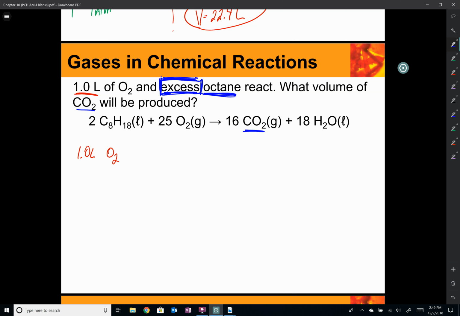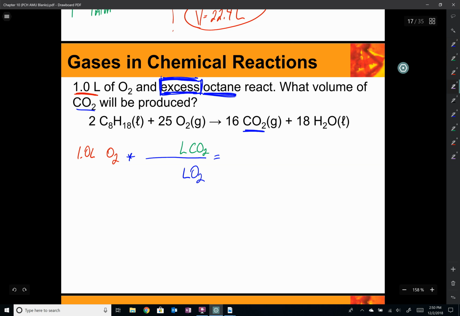To do that, I take 1 liter of O2. That means I have to cancel out liters of O2 on the bottom and convert this into liters of CO2. Essentially the question is now asking how many liters of O2 produce how many liters of CO2?